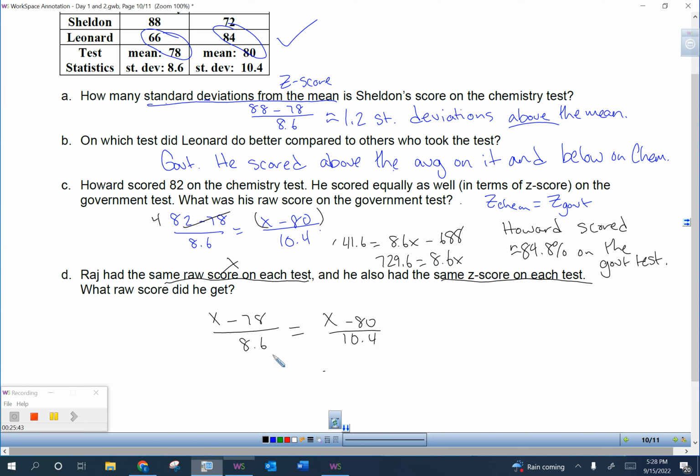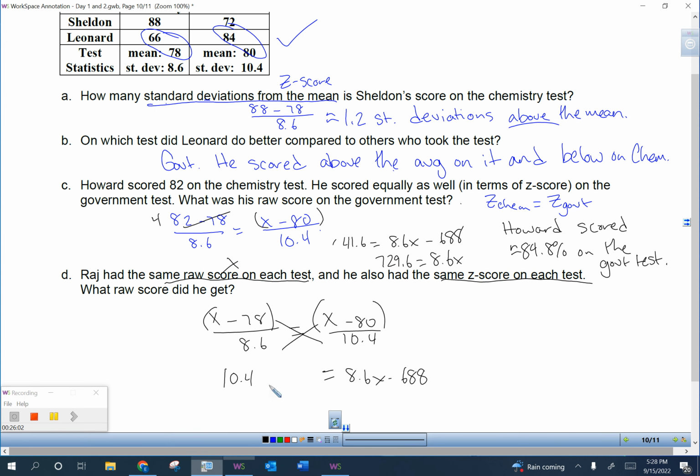Okay, so here we're going to distribute through. And this first part is going to look the same as up here. Okay, so this side of it is 8.6x minus 688. But the other side, we've got to take this 10.4 times here, and we're remembering to distribute it through.